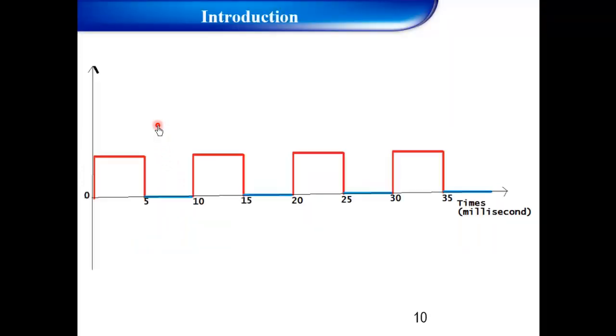Now this is a square wave and times in milliseconds: 0, 5, 10, 15, 20, 25, 30, 35, 40. Okay, for four periods.